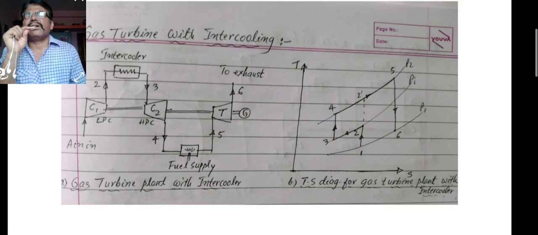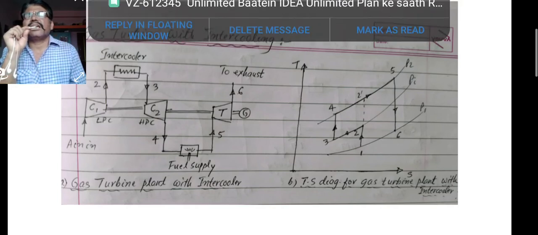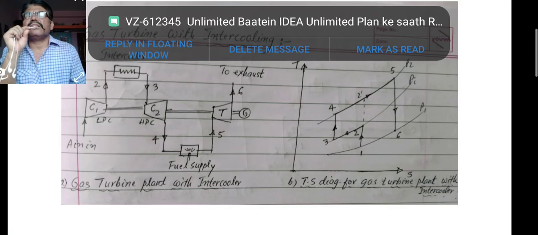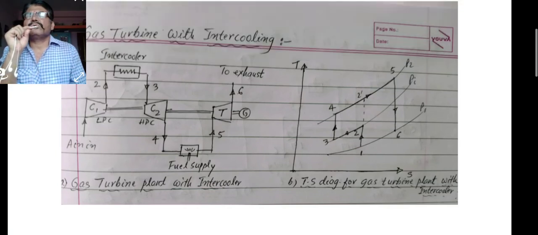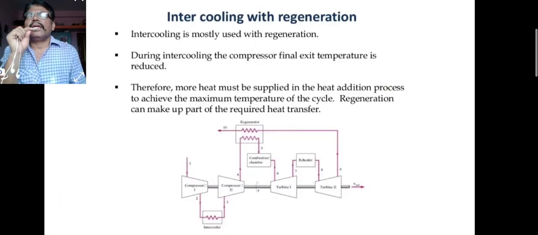When the fuel is supplied, the temperature as well as the entropy increases. Then 5 to 6, there is a turbine, the expansion happens, it means the temperature decreases. Then 6 to 1, the cycle completes. That is the whole of intercooling with regeneration.